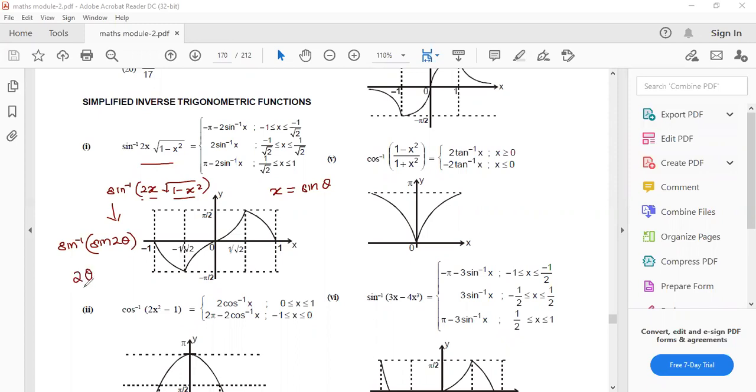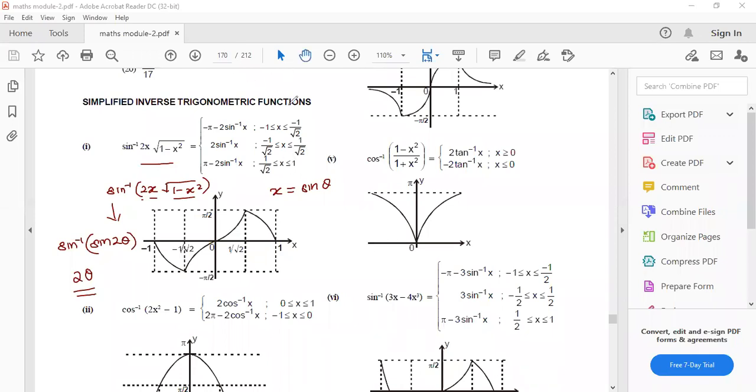And will that be 2 theta? Yes. Yes or no?